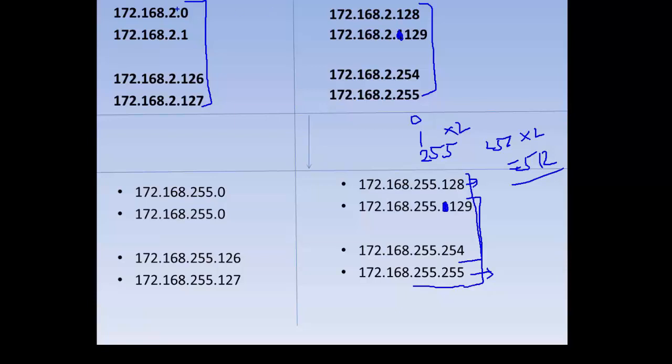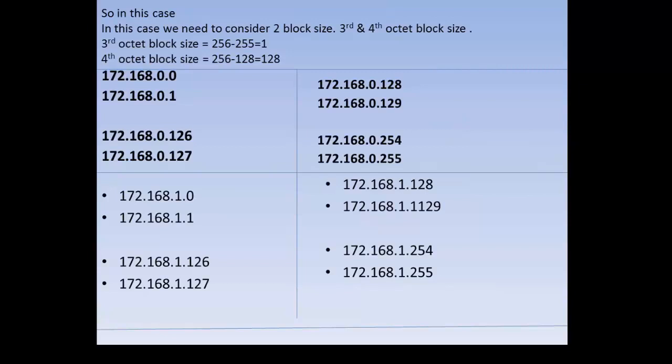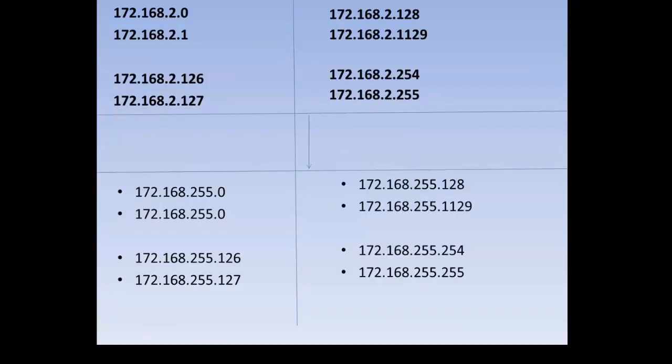Because this value varies from 0 and the last will be 255 in the third octet. So 256, but each value takes a variation in two octets. So total 256 multiplied by 2 is 512.